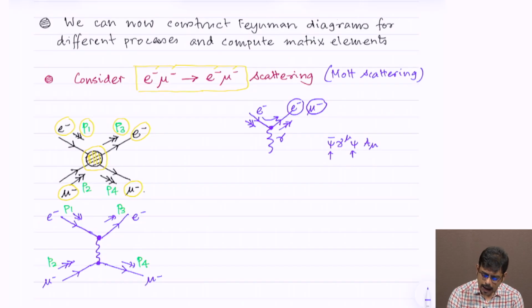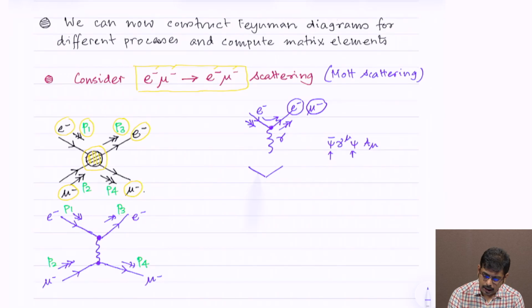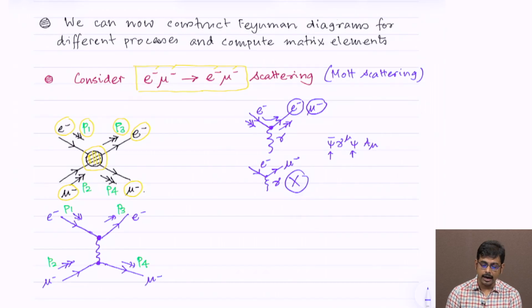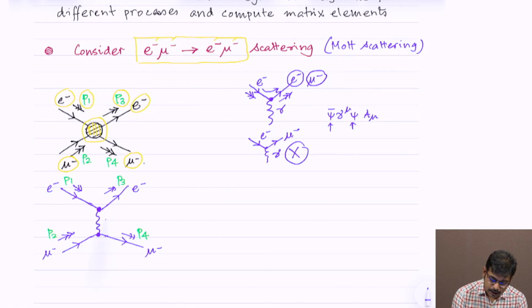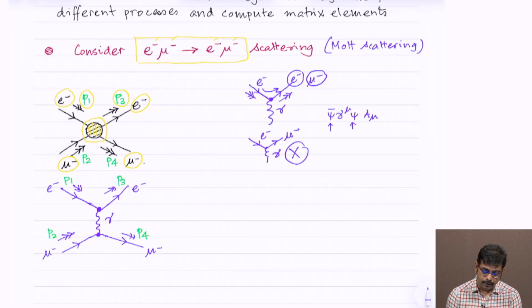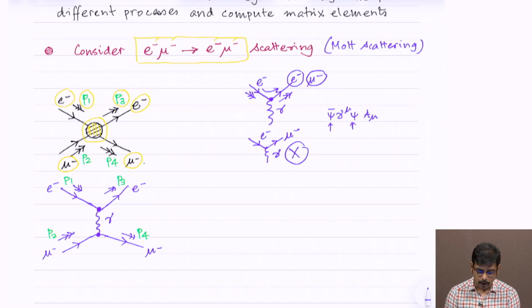So I cannot join an electron and a muon here. This will be wrong. Stitching an electron and a muon together with a photon is not correct. So this is the only legitimate graph you can have to represent this process via QED interaction.